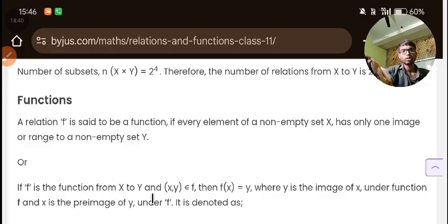Functions: a relation f is said to be a function if every element of a non-empty set x has only one image or range in a non-empty set y.